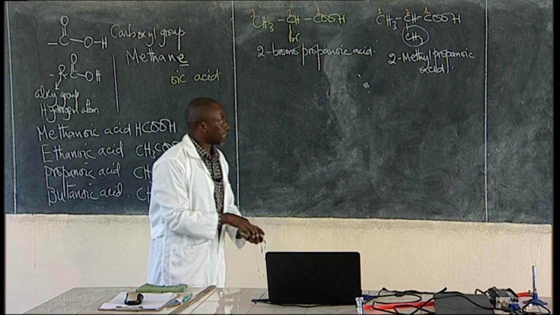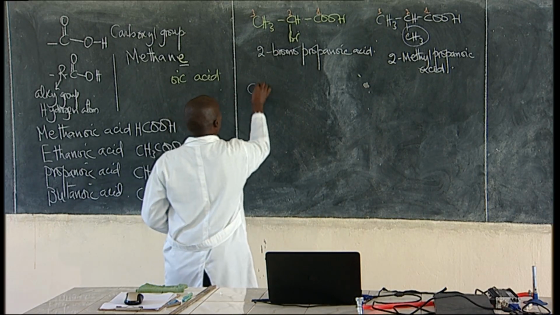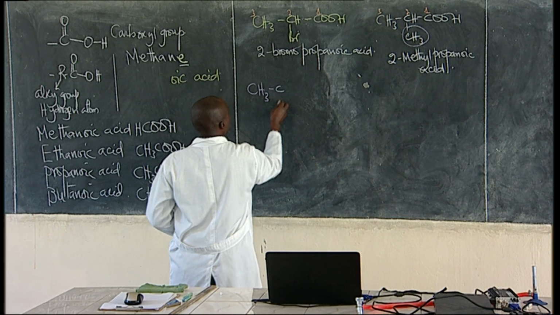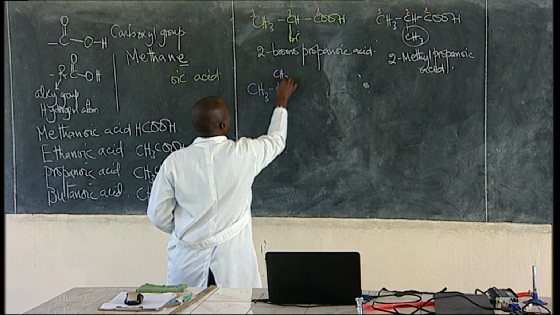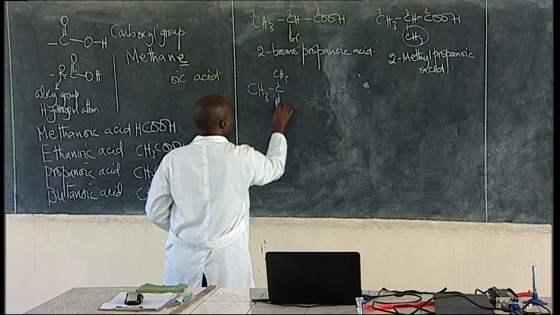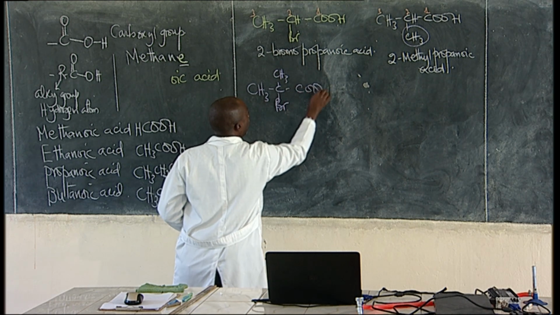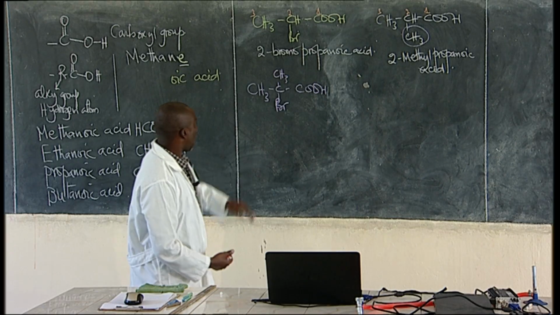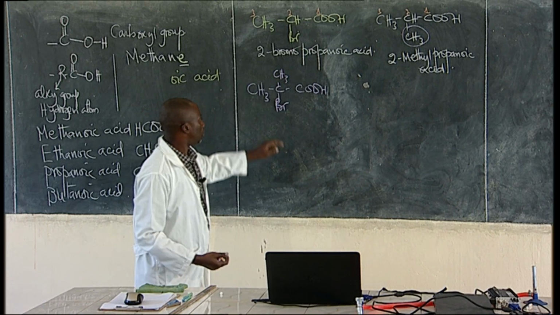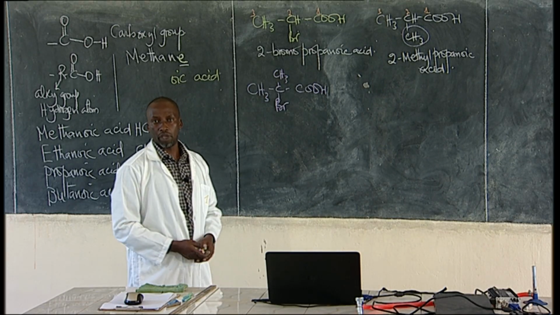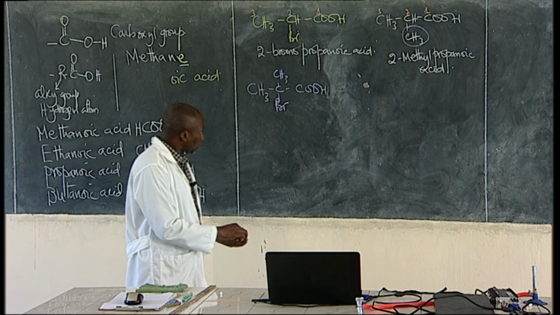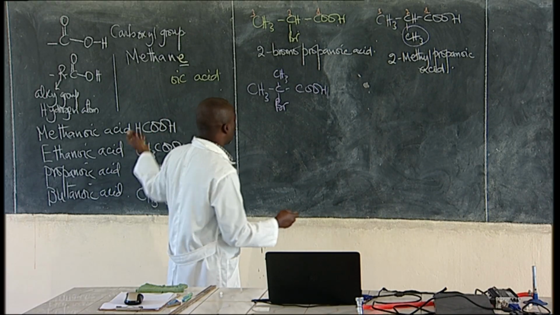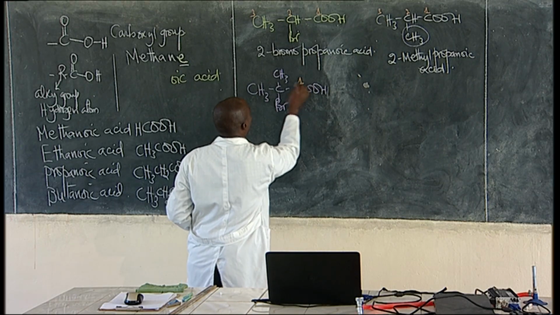We can have another example, which is like this, CH3, CH3, bromine, COOH. So you have 2 substituents this time. You have an alkyl group and you have a bromine. As usual, don't forget to locate the longest chain.